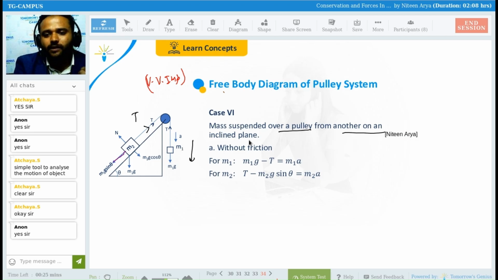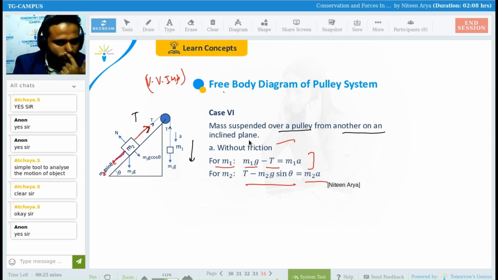So, mass suspended over a pulley from another on an inclined plane, case A, without friction. This case is very easy. Without friction, for mass m1, m1g minus tension T is m1a. For mass m2, as you can see in the previous page, there is a tension T, but in the opposite direction, and m2g sine theta.